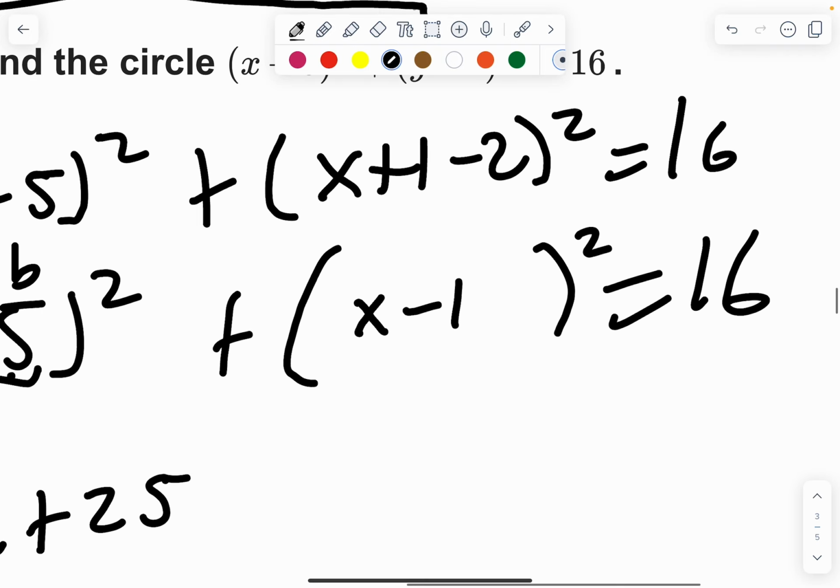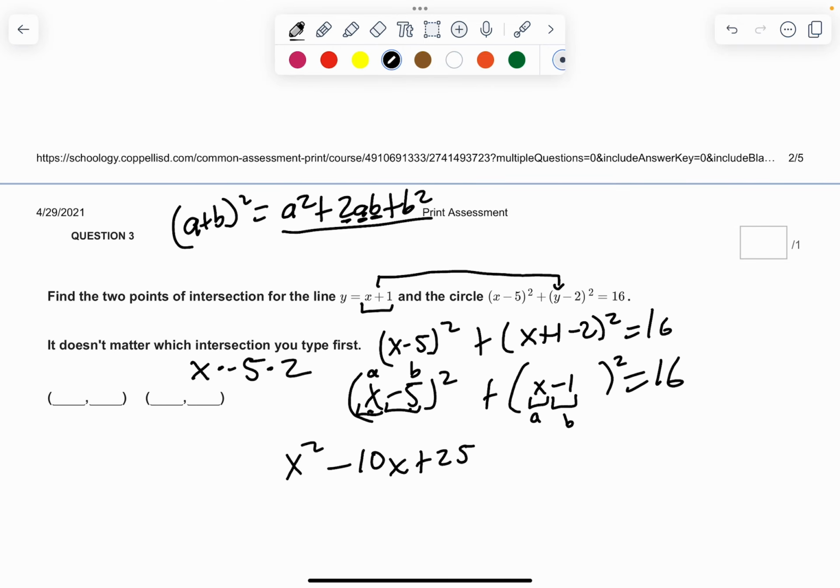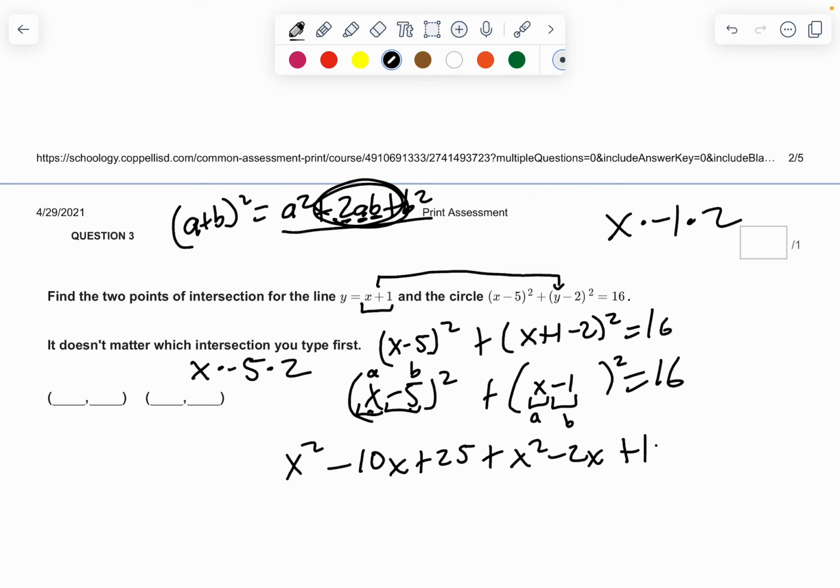Same thing. This time, this is a and this is b. So it's going to be a squared, which is x squared, and once again, a times b times 2. That's the process to get the middle. What is x times negative 1 times 2? It is negative 2x. And then we have a plus 1 at the end, equals 16.